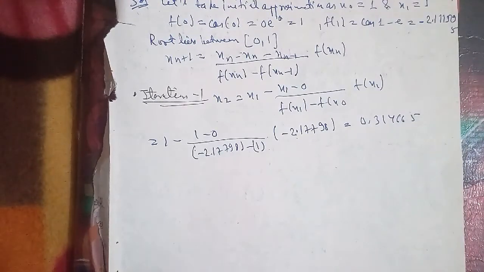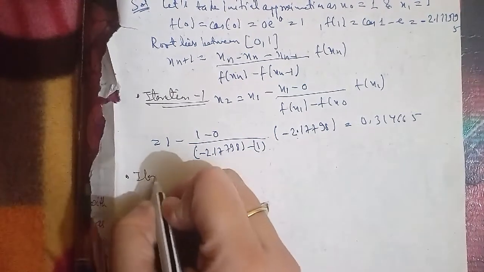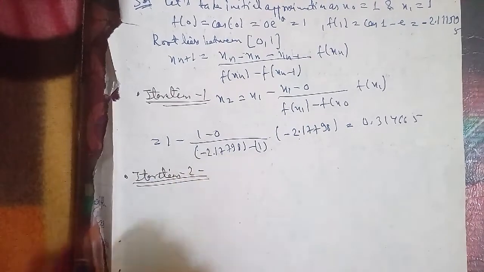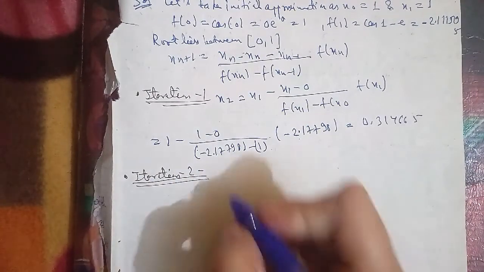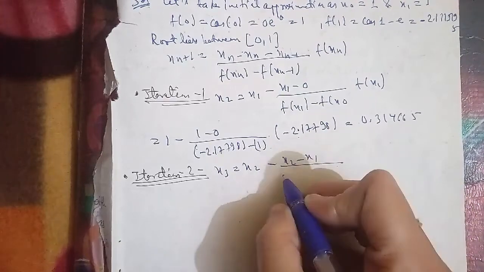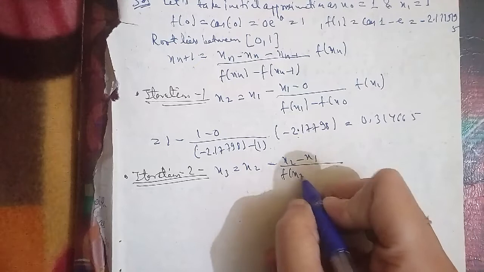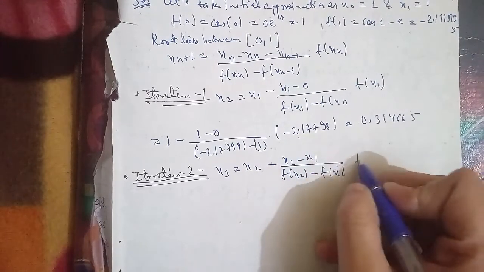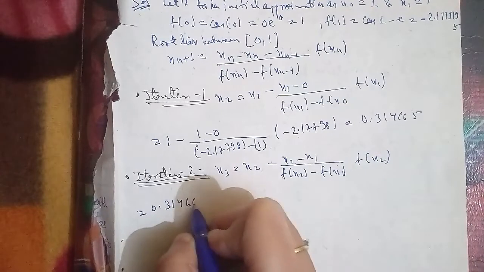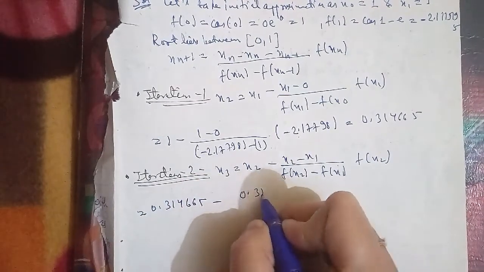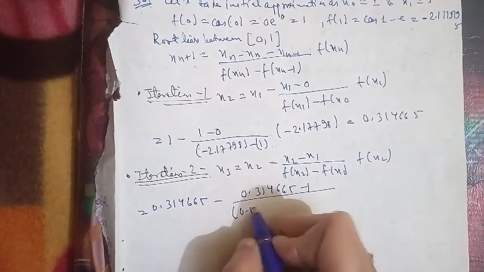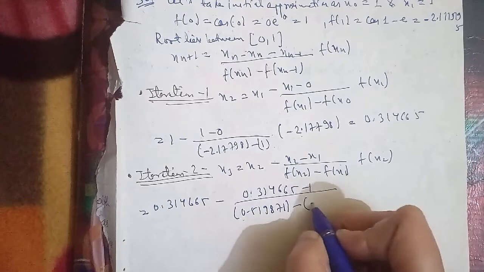Now for iteration 2 we talk about it. For the same we have here, we put the value. 0.44678. Now we talk about iteration 3.